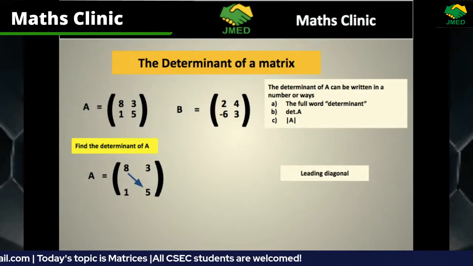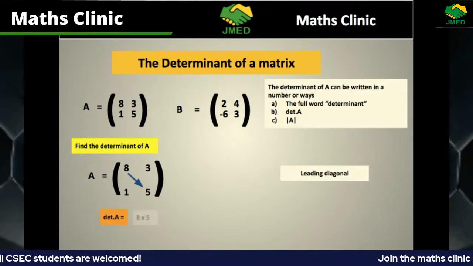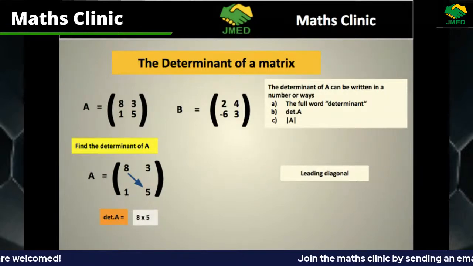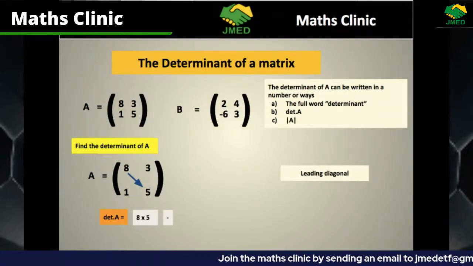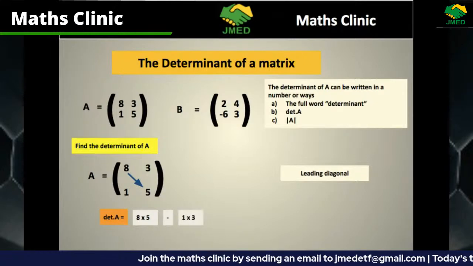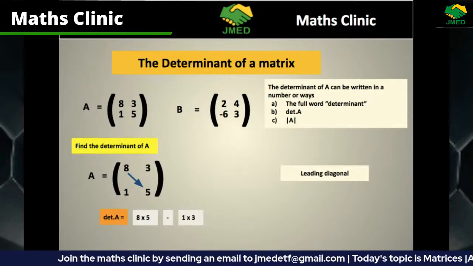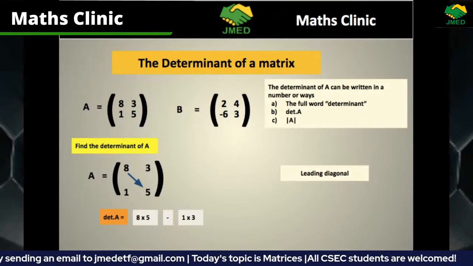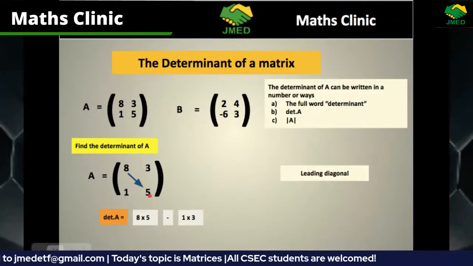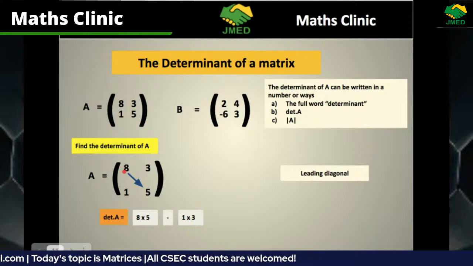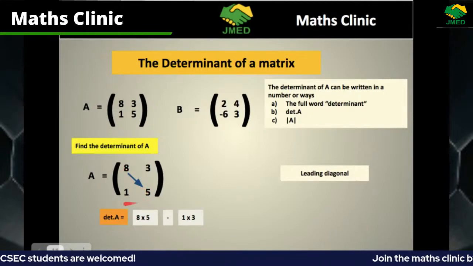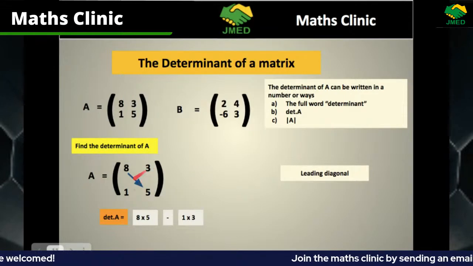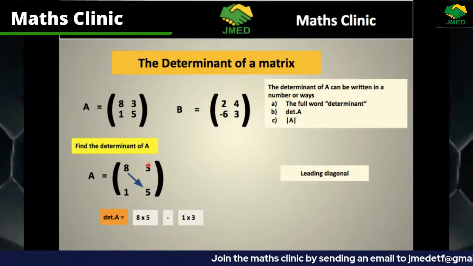The procedure here is, for the determinant of A, we multiply 8 times 5, and then we take away 1 times 3. The leading diagonal is the one we use to start the problem. We always start at first row, first column, and multiply, and then we repeat the same multiplication on the other side, but we subtract it.